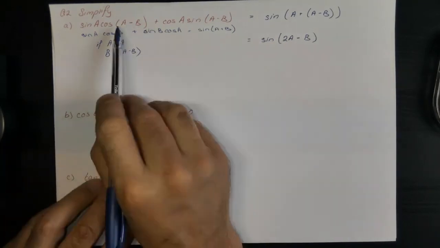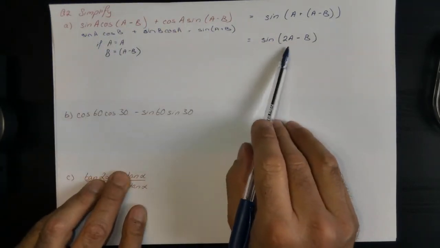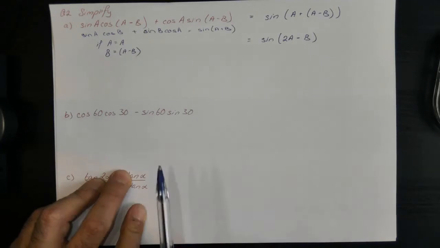So this whole thing simplifies to sine of 2A minus B.